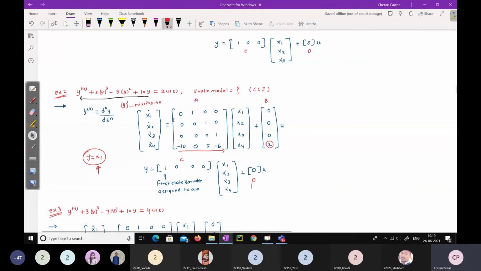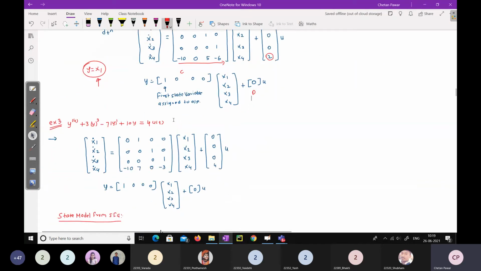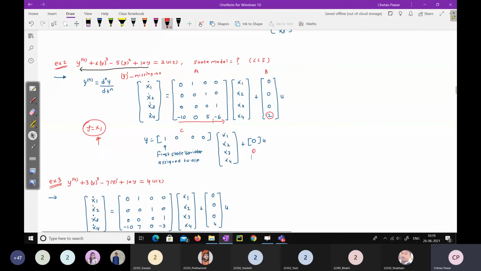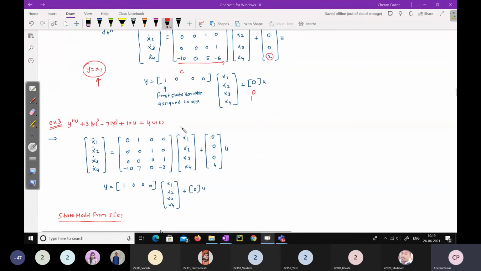Okay, if they give an equation like this, in that condition, let us see the second example, so you will get a clearer idea about how to do it. Okay, so this is the third equation, and you need to find out a state model here. The order of the equation is 4, so there are 4 state variables.